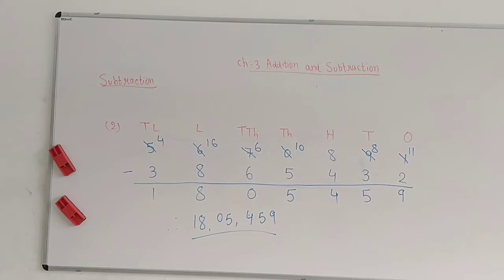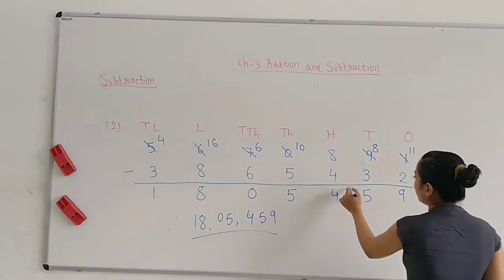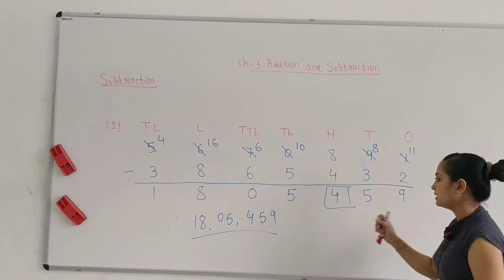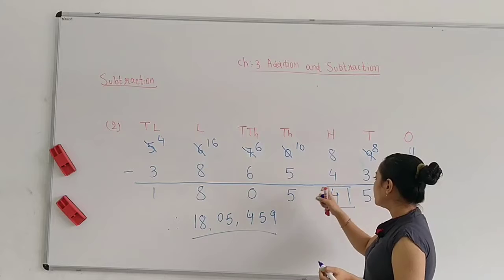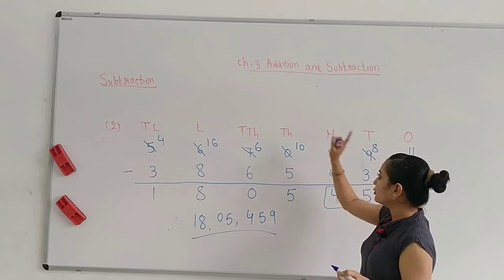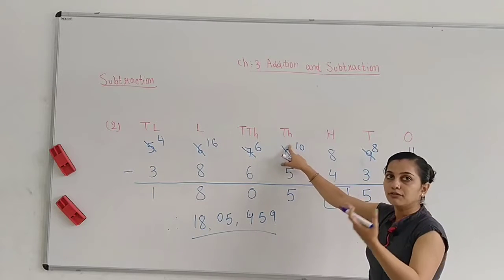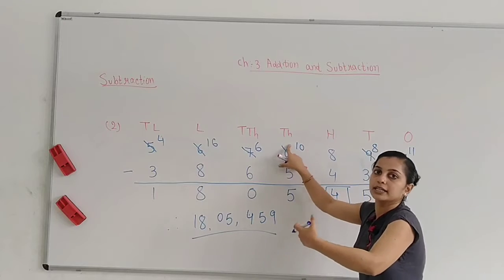In addition we have to go from left to right. Same way in subtraction also we have to go from left to right. In addition, when we get a number greater than 9, we add the tens digit to the next right side number, right?